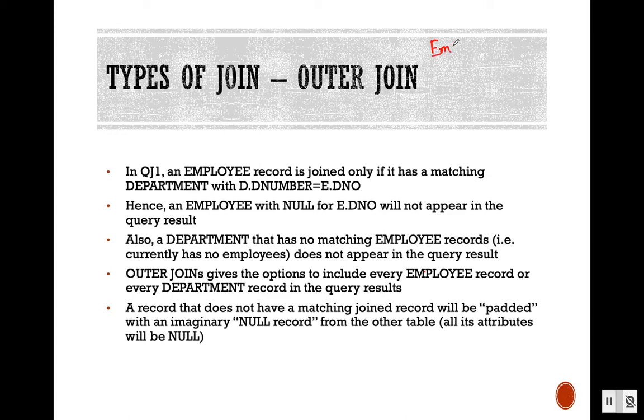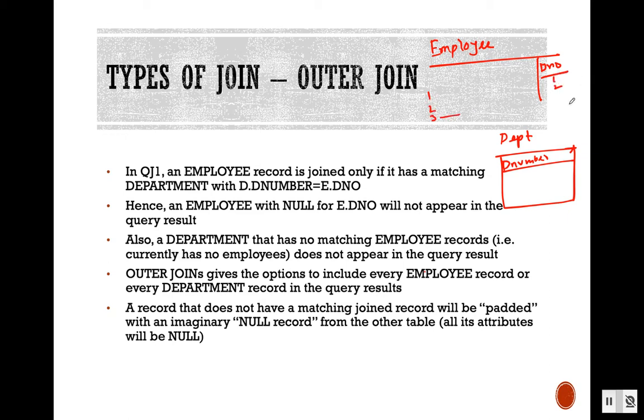Let's see one example. We have an employee table and a department table. The employee table has DNO and the department table has the Dnumber attribute. We can have some employees who work in, say, departments 1 and 2. Employee 3 doesn't work in any department, so the DNO value is null.